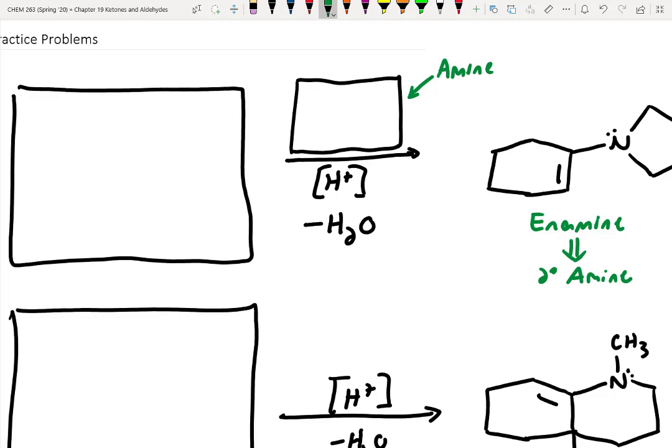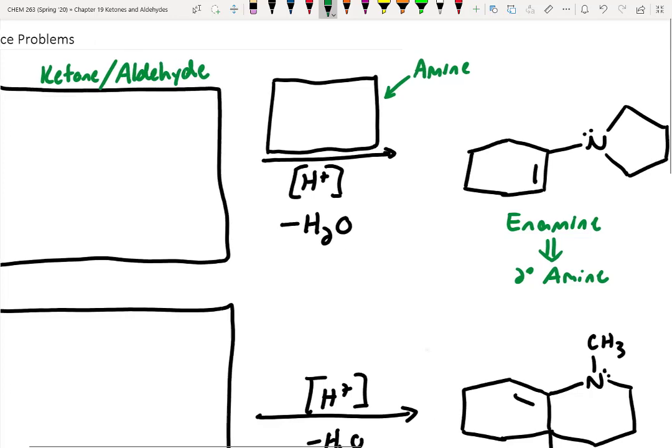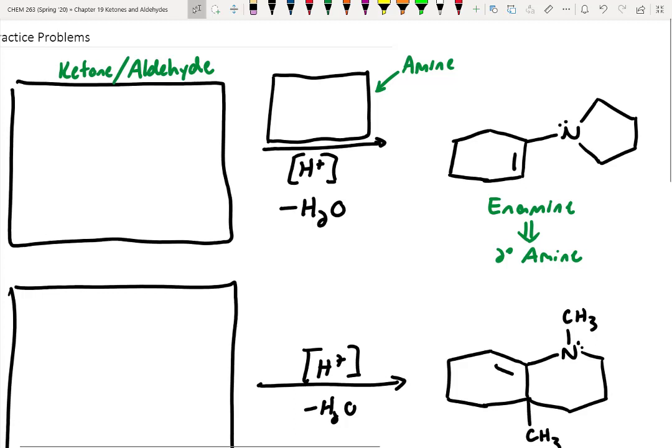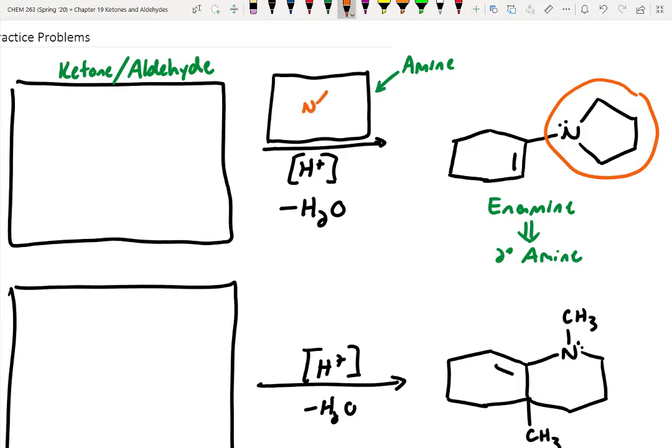And then over here, we want to put our ketone or our aldehyde. All right, so the question is, what would the amine look like? Let's try to do that smaller box first. Well, looking at our product, it makes sense that what I've circled in orange must be the amine, right? So let's go ahead and draw that.